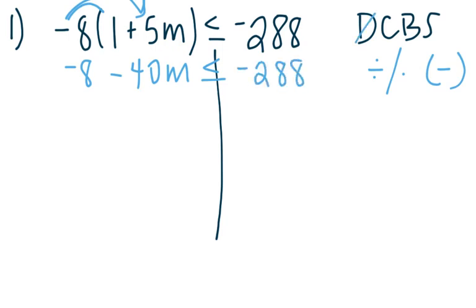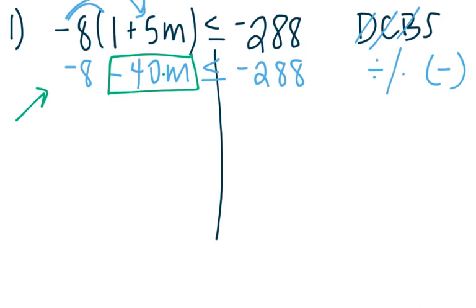So we've distributed. Combine like terms, I can't combine anything on the left or on the right, so we're just going to leave that alone. Bring all variables to one side. Our variable is already on one side, so we don't have to do anything with that. We're just going to solve now. So I have negative 40m. Negative 40 times m is what's closest to it, so I'm going to start a little bit further away and look at this minus 8.